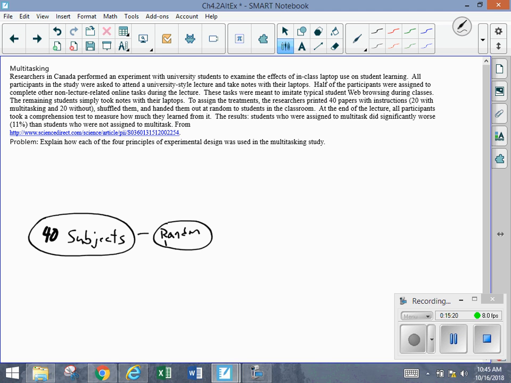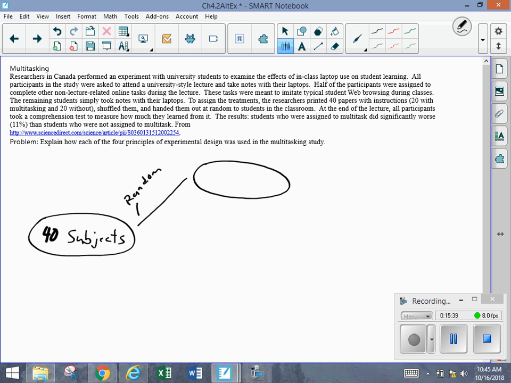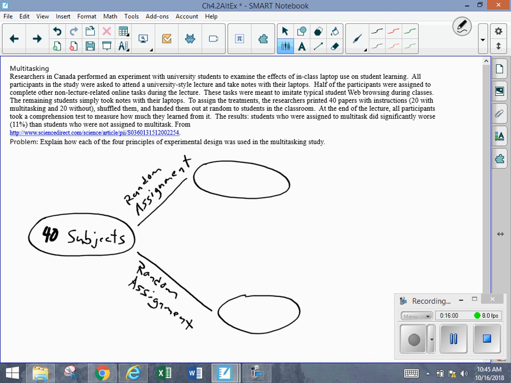Random assignment. Alright, so we've got the element of randomization in there.